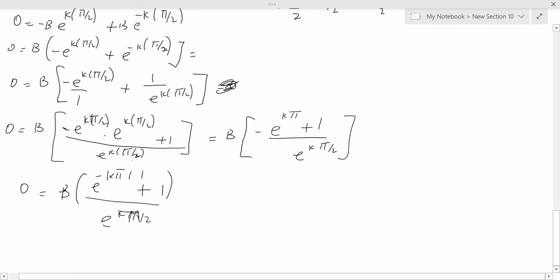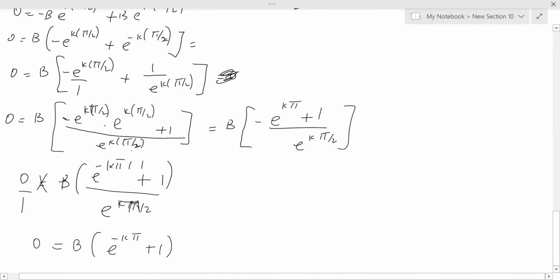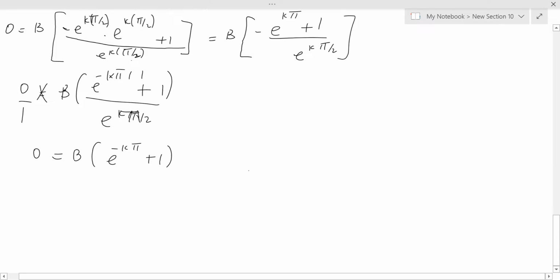So if you cross multiply, at the end of the day you get 0 is equal to b into minus exponential k pi plus 1. There is a minus here, so you put minus here.